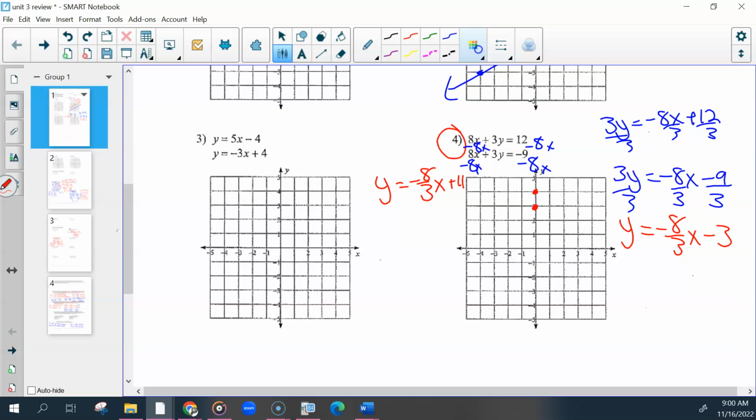So we have to go down and to the right since we can't go up. Lines may not be straight.